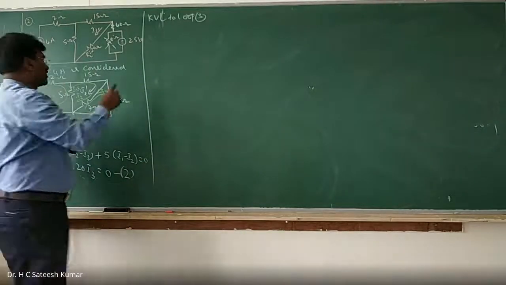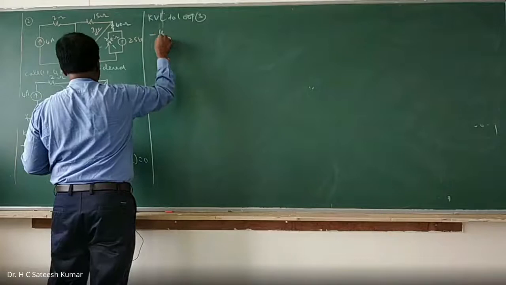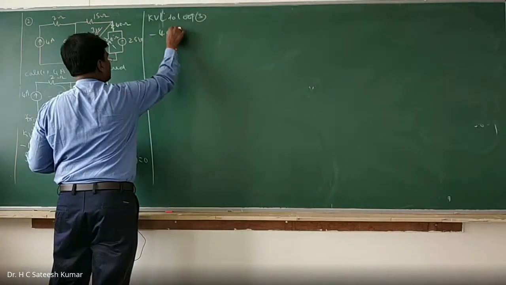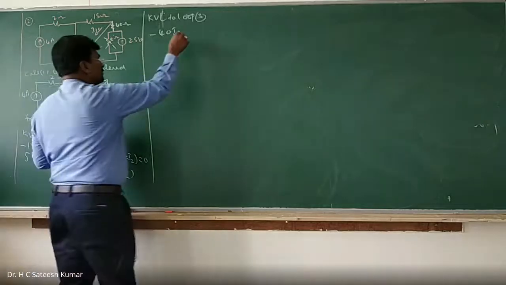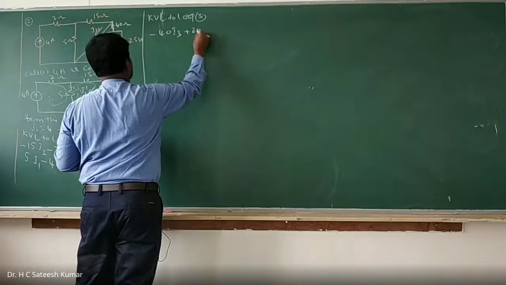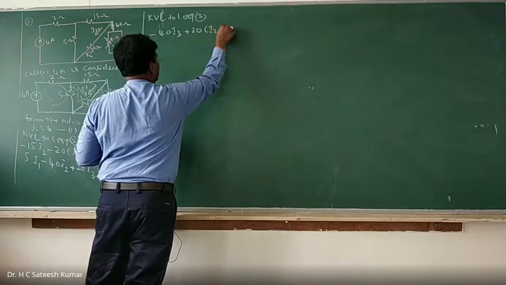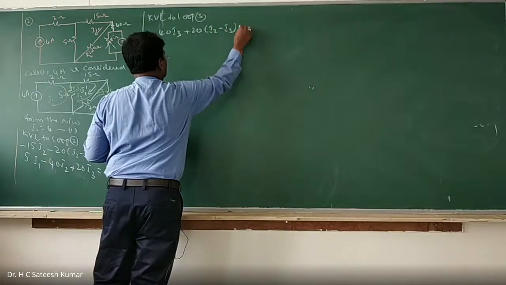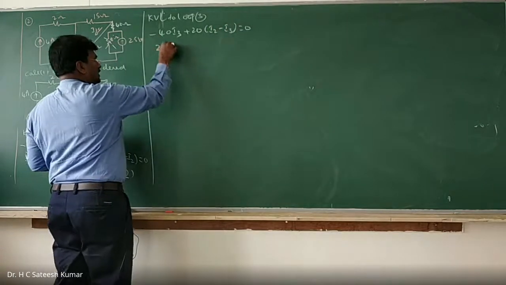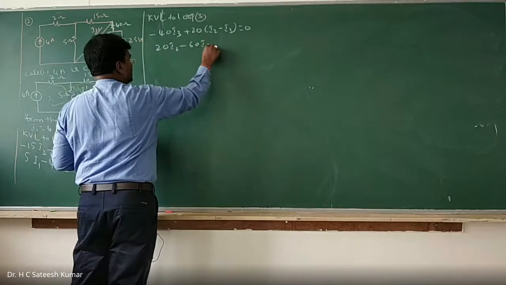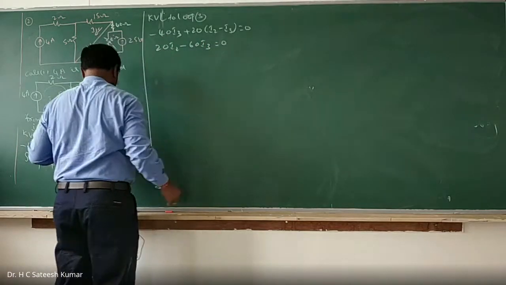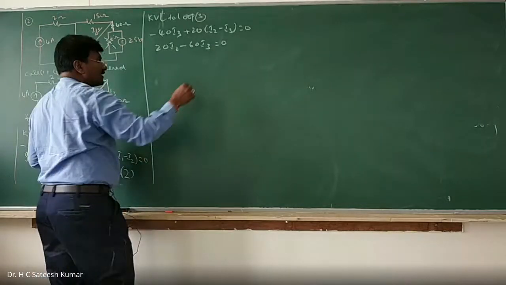Now what do we have? Minus 40 into I3, plus 20 into (I2 minus I3) is equal to 0. Now what do we get? 20 I2 minus 40 I3 minus 20 I3, that is minus 60 I3, is equal to 0. Call this equation number 3.